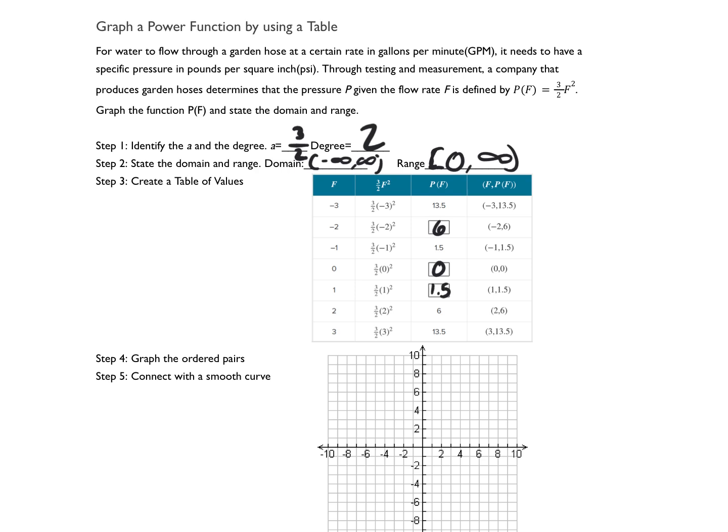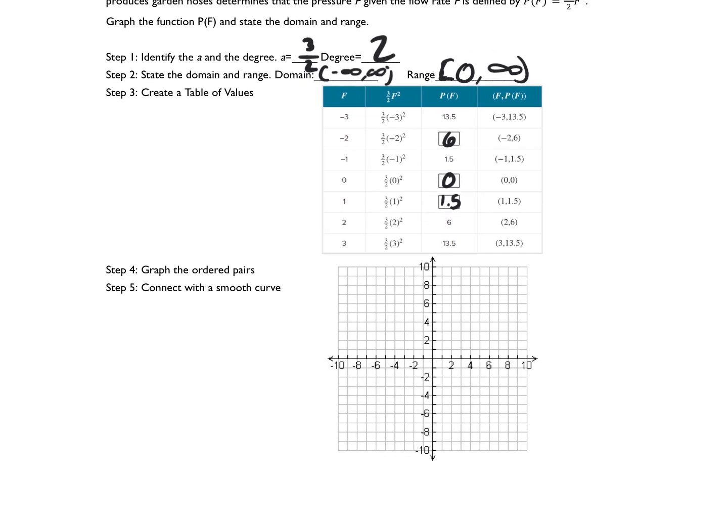So now that we have some ordered pairs, we can graph those ordered pairs and make a parabola. All right, so we have ordered pairs at -2, 6; -1, 1.5; 0, 0; 1, 1.5; and 2, 6.